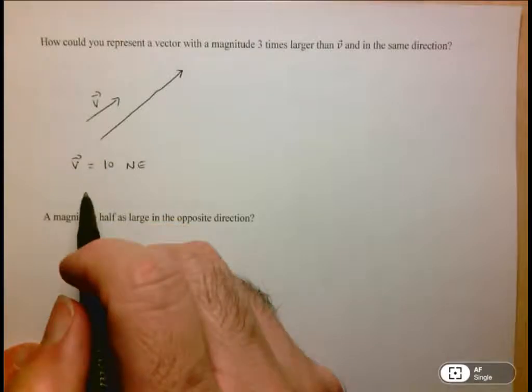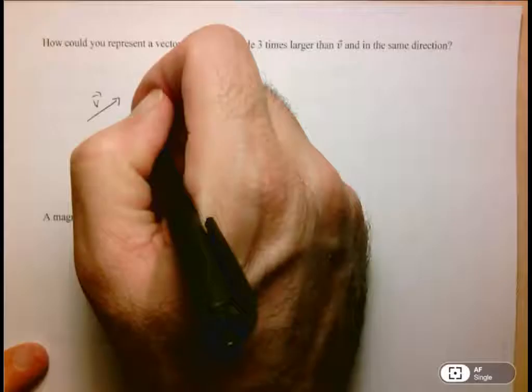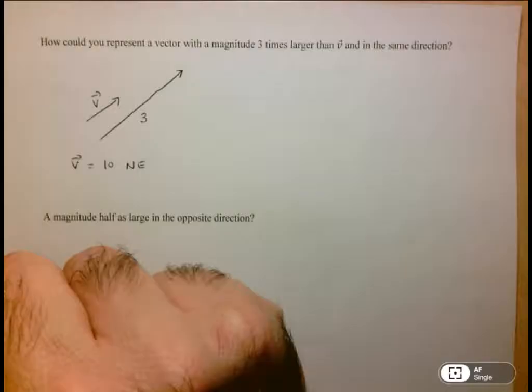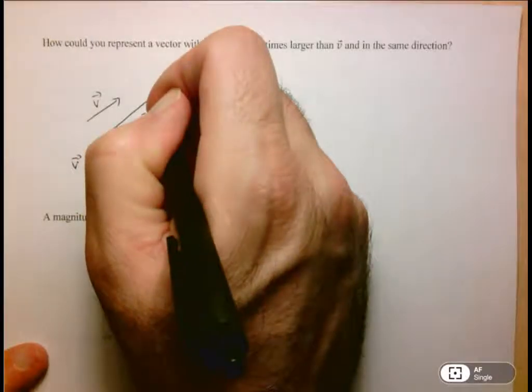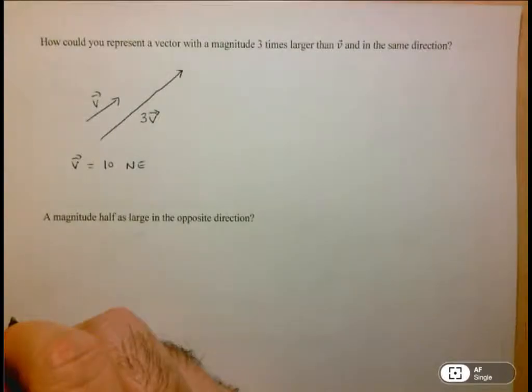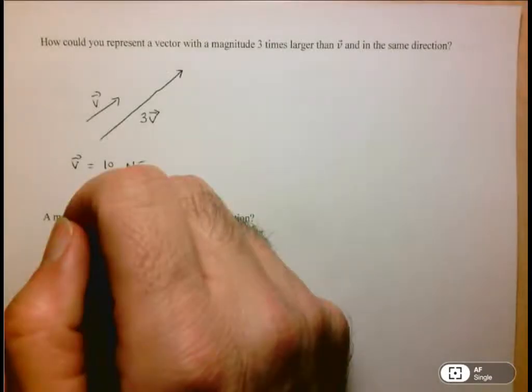So the only thing I'm changing is a numerical value. Why don't I use the notation of multiplying by a numerical value to represent just changing the magnitude of a vector? Hopefully that didn't go dark. Well, if it did, hopefully there's light again.